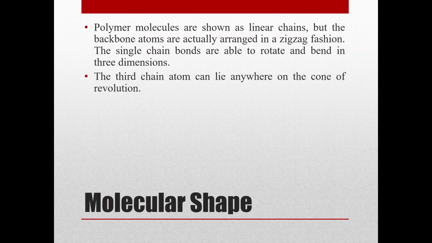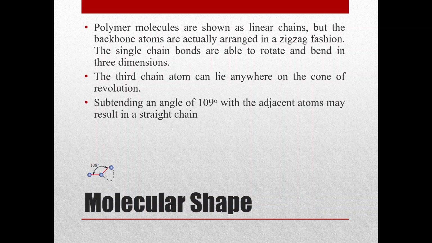The third chain atom can lie anywhere on the cone of revolution. As one can see, if it is just two atoms that are bound like this, two carbon atoms, say for example, then the third carbon atom can lie anywhere in this cone of revolution here. This dotted line, it can lie anywhere in the space, subtending an angle of say 109 degrees with the adjacent atoms.